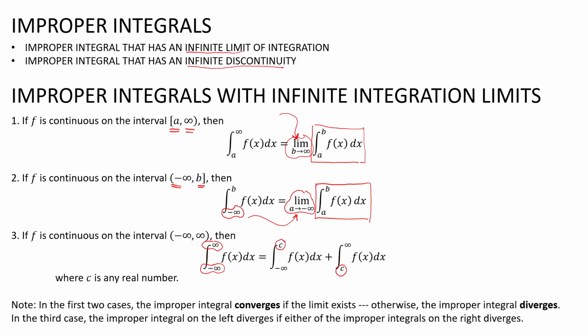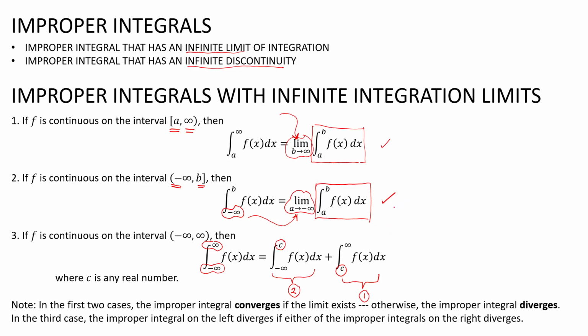But again, it could be any number. It could be 1, depending on your preference. Since you have two functions here, you may use the first and second properties as mentioned earlier. This one is applying the second property, and this one is the first property.